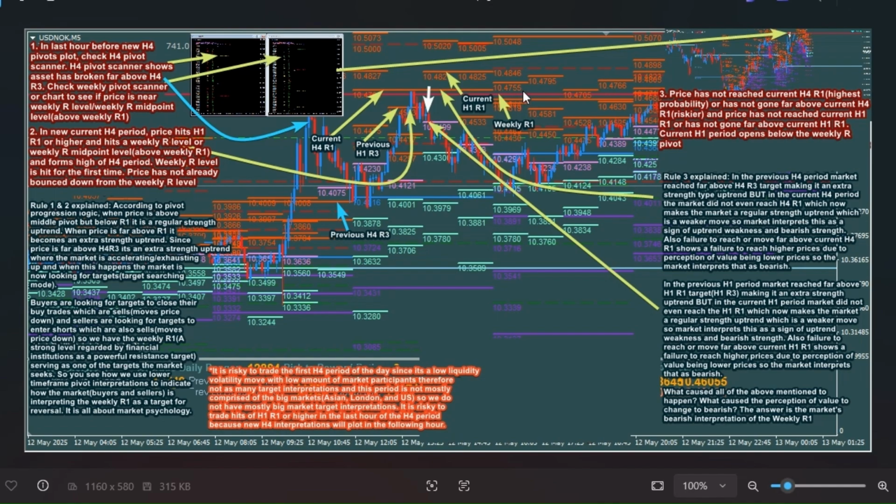And that bearish interpretation causes the market's perception of value to be a price at lower prices, which is why price moves downward.